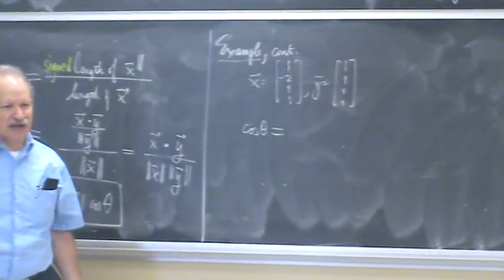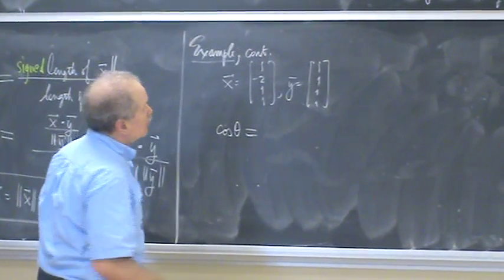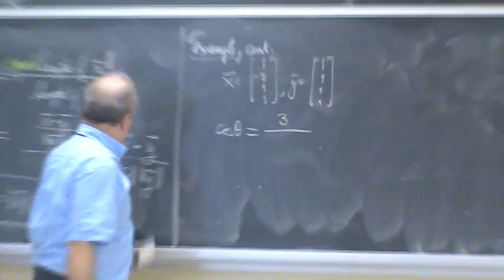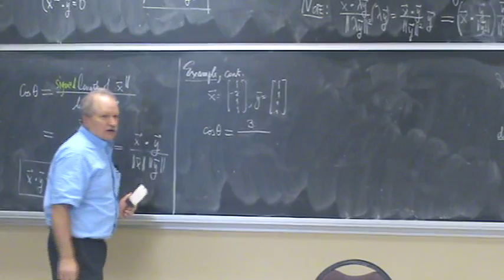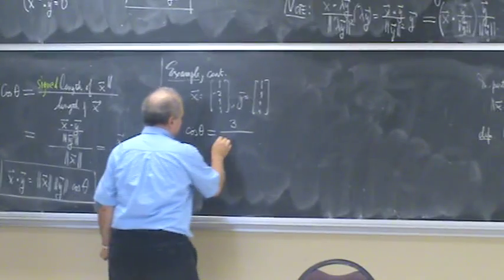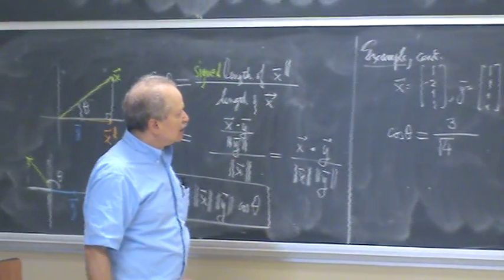Well, what's the cosine of the angle? The dot product, which we said was 3, over the product of the magnitudes. Well, we got the magnitude of y. Be careful. Square root of 2 squared plus square root of 4, which is otherwise called 2. What's the length of x? Or 7.